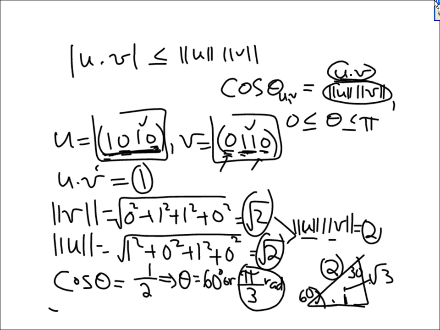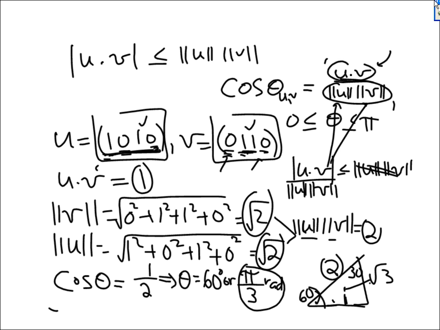The answer is, when you take the dot product, you always get a real number. And when you take the lengths of two vectors and multiply them together, you get a real number. And we know, since the absolute value of u dot v is less than the length of u times the length of v, then I know that when you put this on the bottom, you get less than 1.